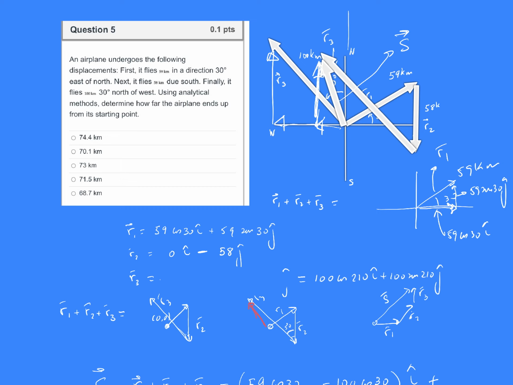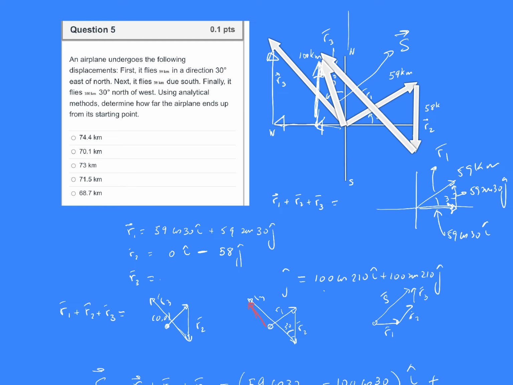This vector, there are two ways of doing this vector. The first way is the direct way. The direct way will say 100 cosine of all this angle through the positive x direction. So this is 90 and this is 30. I'm sorry that I drew the sum, so I'm looking now for the vector R3.